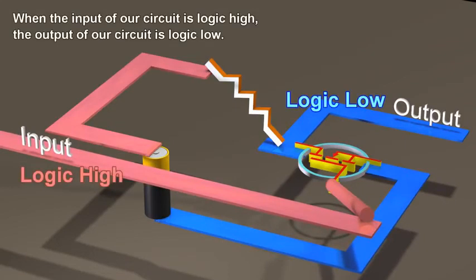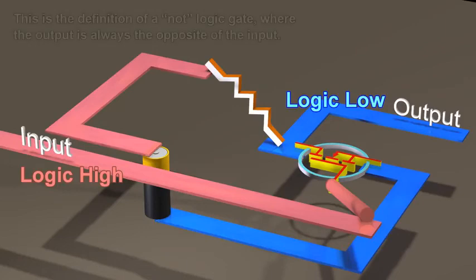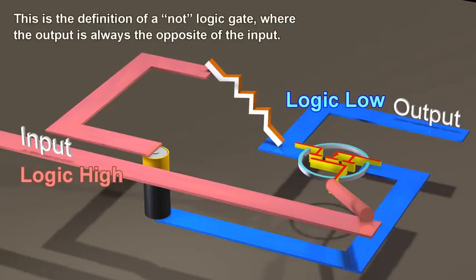When the input of our circuit is logic high, the output of our circuit is logic low. This is the definition of a NOT logic gate, where the output is always the opposite of the input.